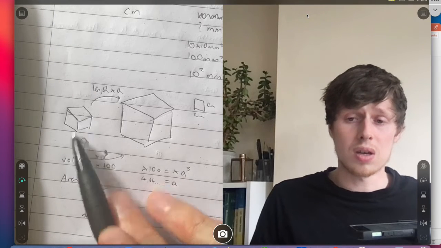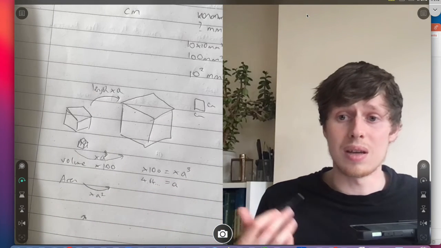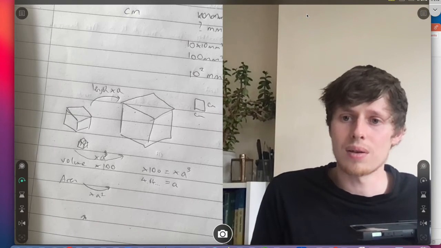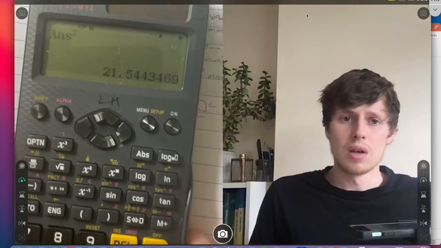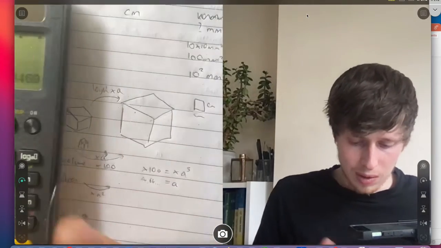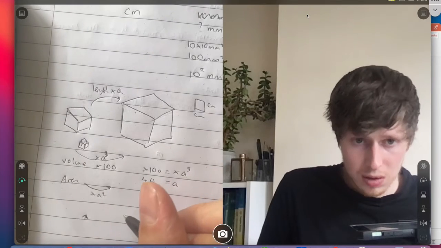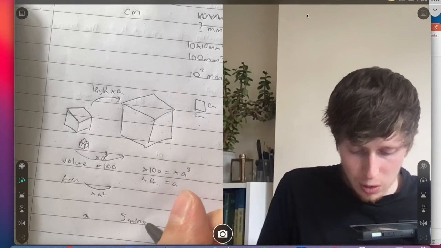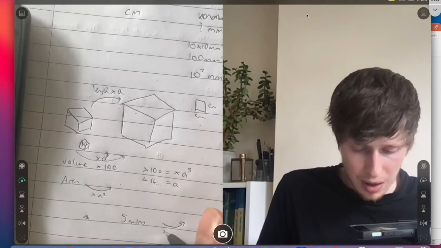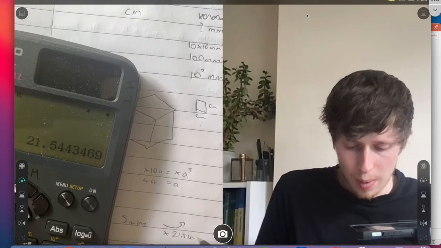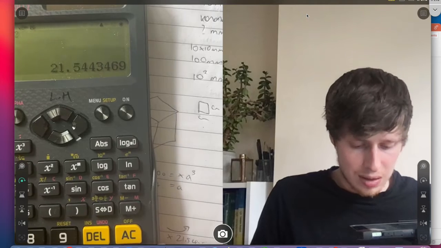Because the surface area is measured in centimeters squared or whatever, its area fundamentally. So that's how much longer it's going to take for me to paint the big cube, and it took us 5 minutes to paint the old one. So we're going to times by whatever that is, 21.5 or so, by 5 minutes.